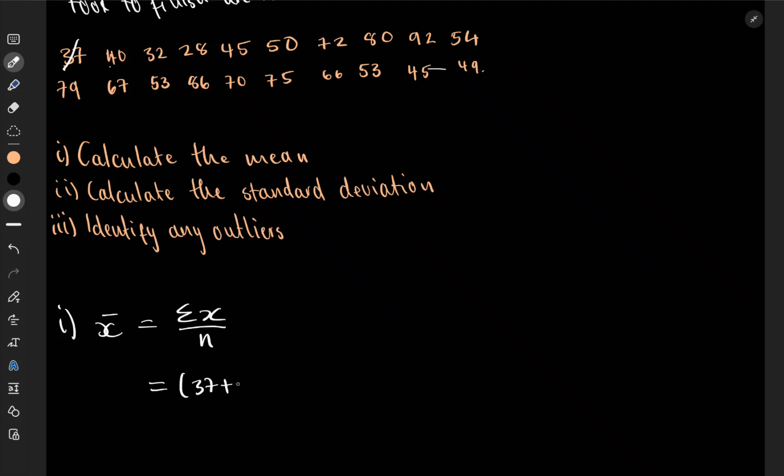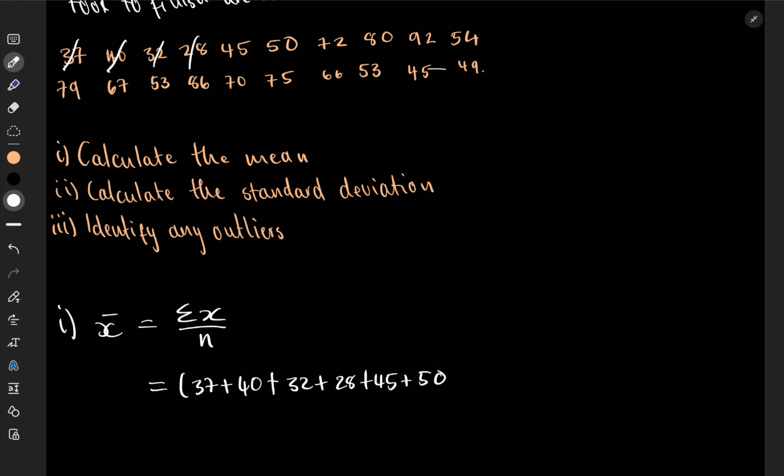Then I say plus 40. How many 40s are there? I'll cancel this one. There's no other 40, so I'm going to say 40 plus 32. Do we have another 32 here? No, only one. So plus 32, then plus 28 now. We'll cancel with a pencil in the exam, right? There's no other 28.